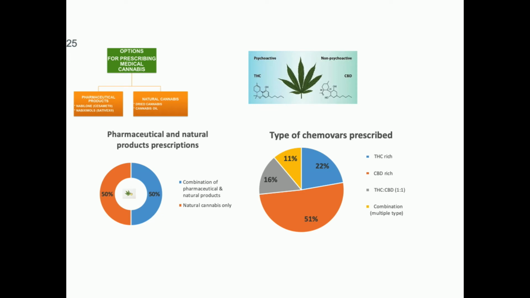This type of treatment refers to my practice. As you can see, first of all, I was using Nabilone in at least half of the patients, along with natural cannabis. But in 50% of the patients, I was only using natural cannabis. As for the type of product chosen, the CBD-rich one was used in a little over 50 patients.